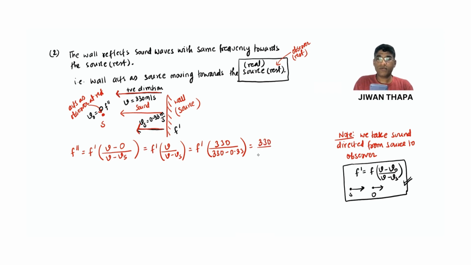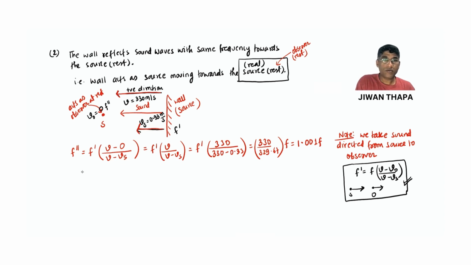So we have 329.67. We have this, so we have 1.001 f dash.